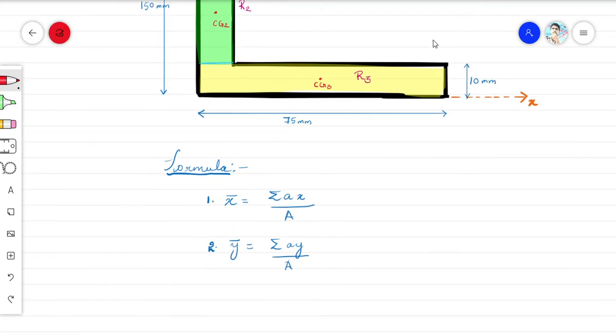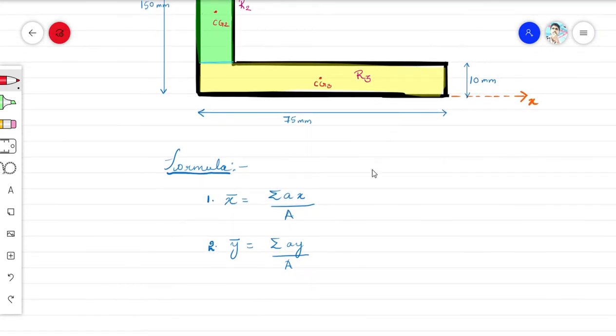The next step is the formula. Remember, you have to write down the formula. To calculate x bar, we have the summation of ax by summation of a. To calculate y bar, we have summation of ay by summation of a.